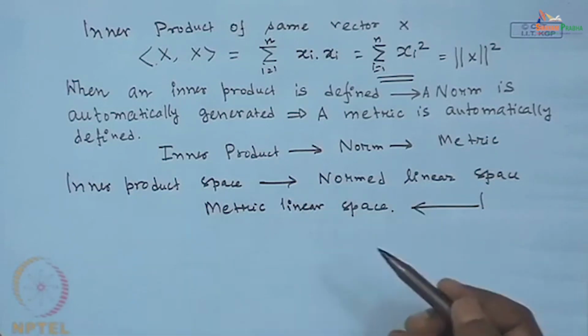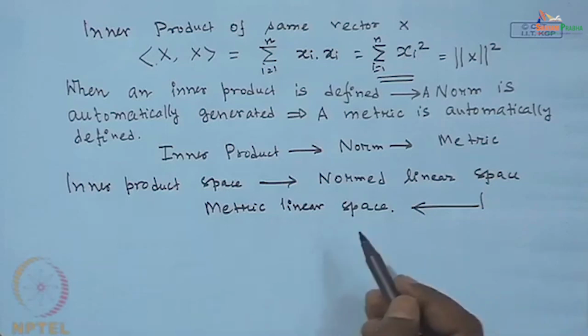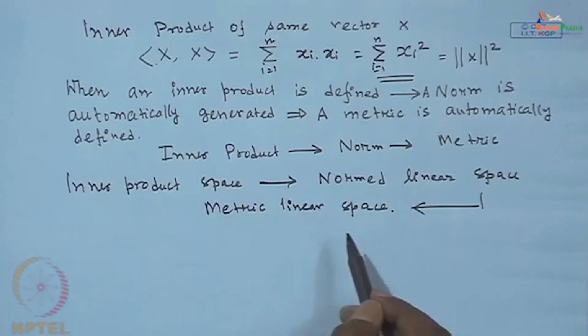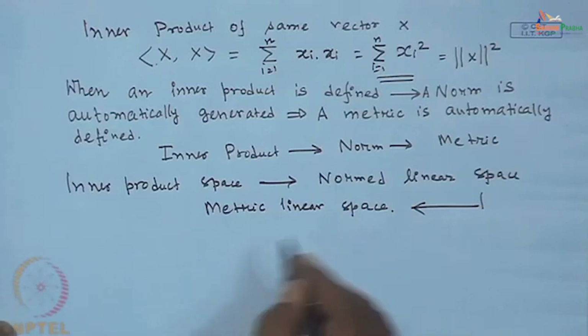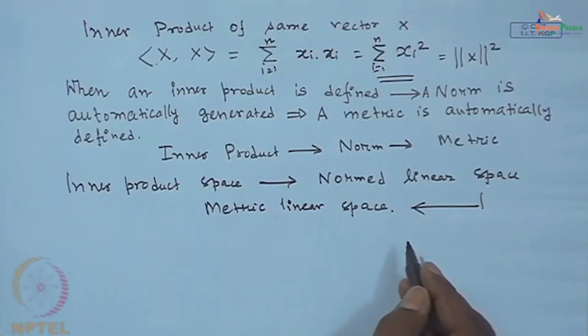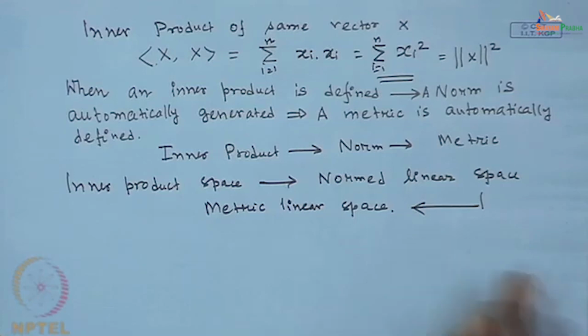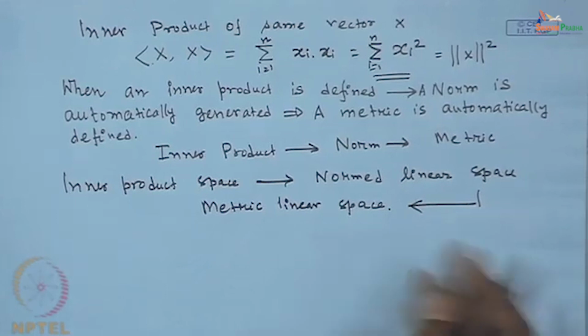Basically, inner product, norm and metric are the three scalar quantities one gets out of the vectors, and they will be quite important as far as the mathematical treatment of various systems in chemical engineering processes is concerned, which we will see as we go along in the rest of this course.